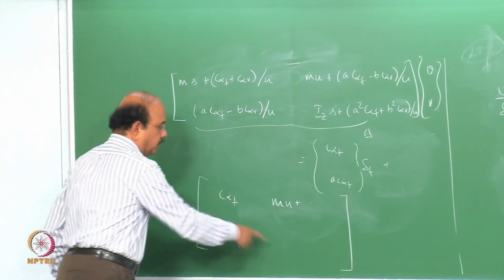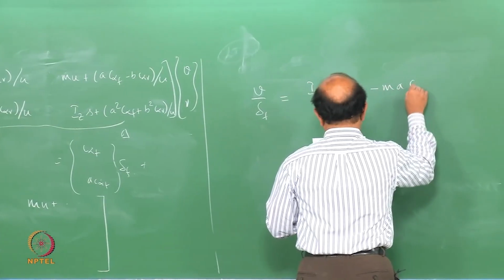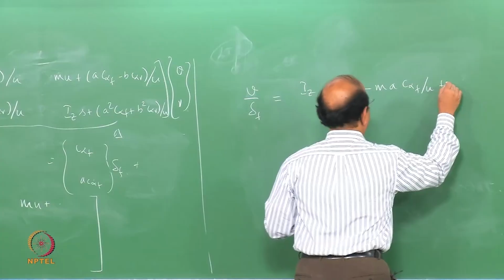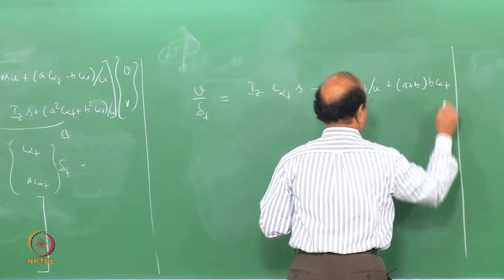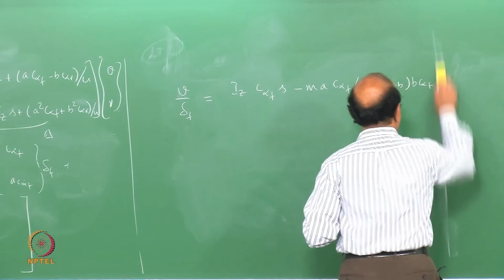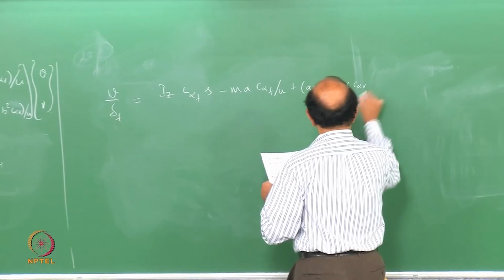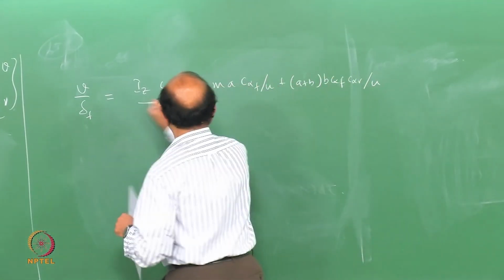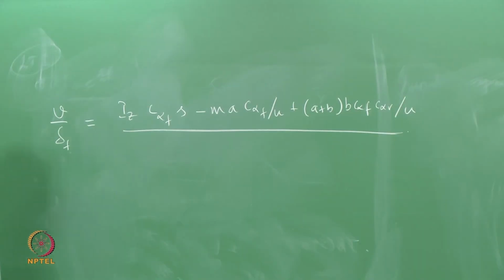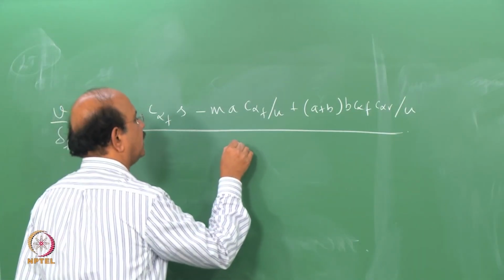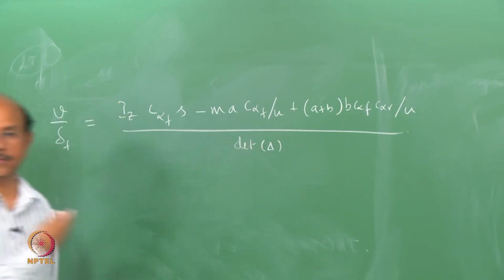Determinant of this, find out. I hope my signs are correct. Just check this. The whole thing divided by the determinant of the delta matrix.